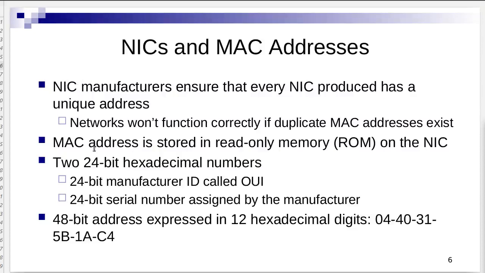So it's a 48-bit address represented using hexadecimal numbers, divided up in two parts, two 24-bit parts. The first part is a vendor ID, or an OUI, and the second part is the serial number that's assigned by the manufacturer.